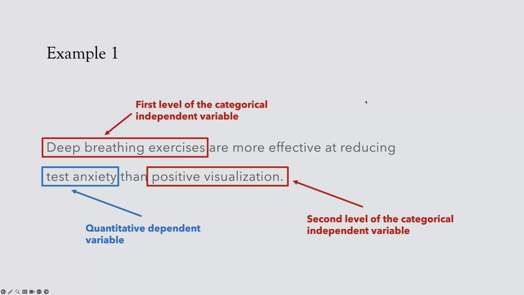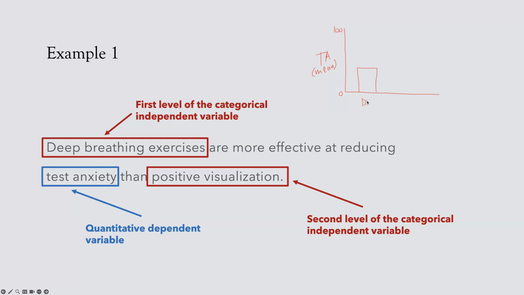And it might help you to draw it out. You can think of it as, how would we graph this? Well, we would look at the mean of test anxiety. So we would have test anxiety here, and I'm just going to say that it's 0 to 100. And we would want to see that mean average score between the groups. And so we would say, okay, we think deep breathing exercises are going to have lower test anxiety.